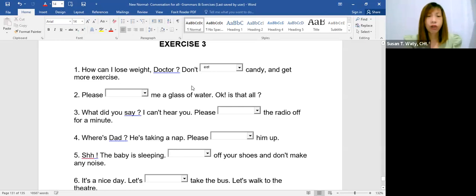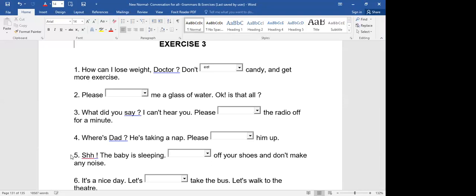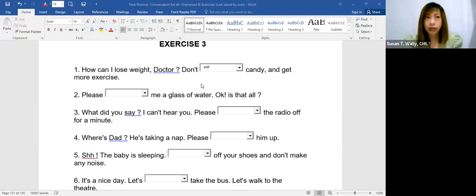How can I lose weight, doctor? And then the answer is don't eat candy and get more exercise. Okay, now let's move on to number 2.